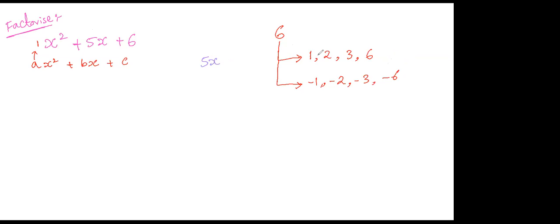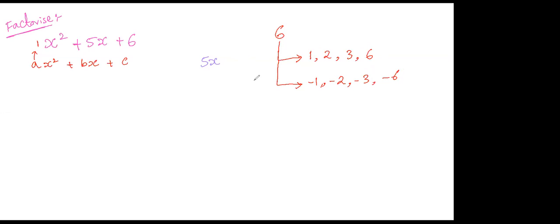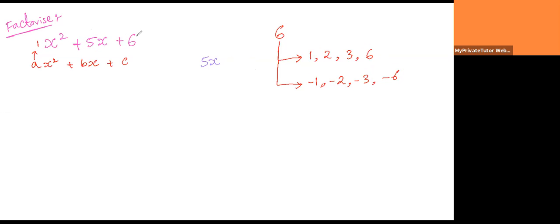So you need to pick only 2 numbers out of these 8 factors, which add up to the middle number, which is 5. And if you multiply those 2 numbers, the result has to be 6.